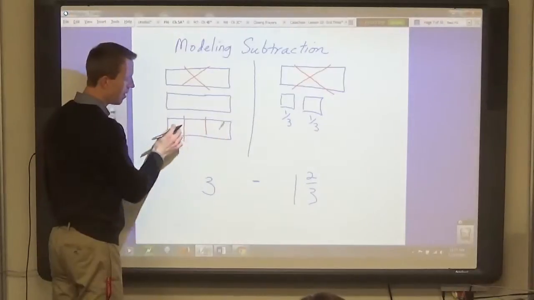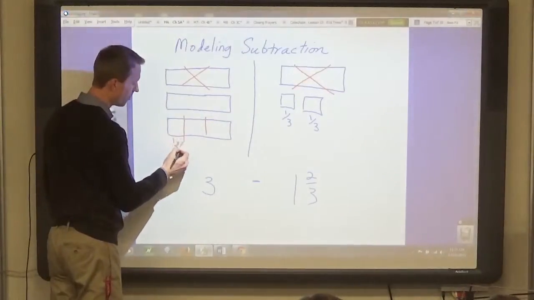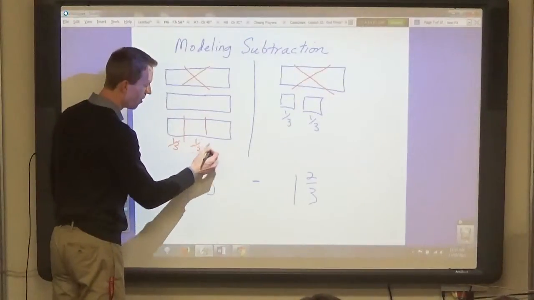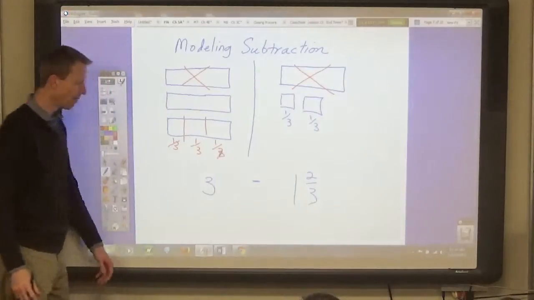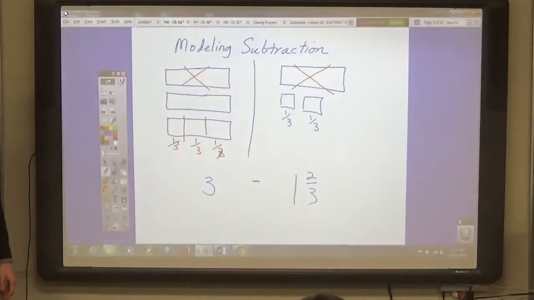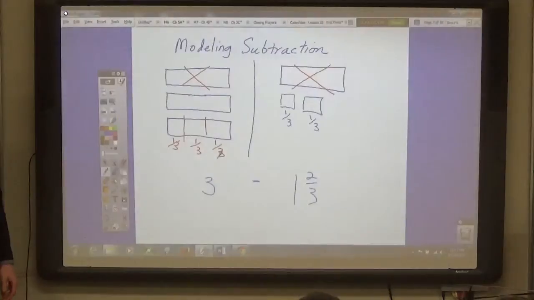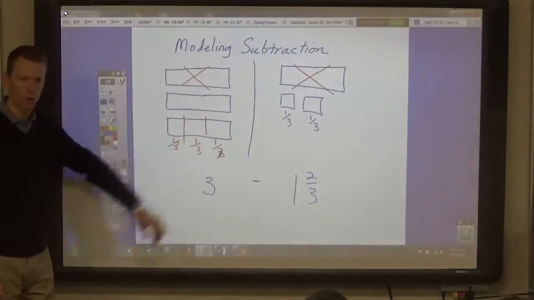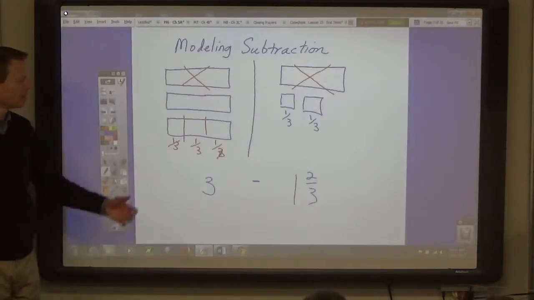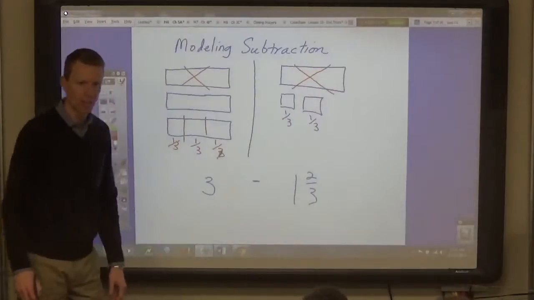We cut up and we made these into thirds. Oops, 1/3, 1/3, 1/3. Now we have 3 of them, right? Because 3/3 is 1 whole. And now we can take away 2 of them.